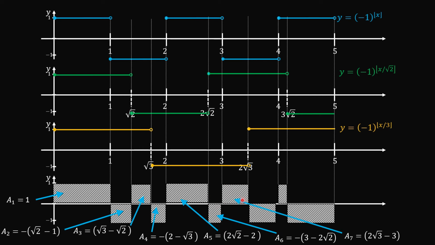Area 7 is 2 root 3 minus 3 times 1 in the positive direction, as you can see here. Area 8 is 4 minus 2 root 3 times 1 in the negative direction, as we see there. Area 9 is 3 root 2 minus 4 times 1 in the positive direction. And area 10 is 5 minus 3 root 2 times 1 in the negative direction.